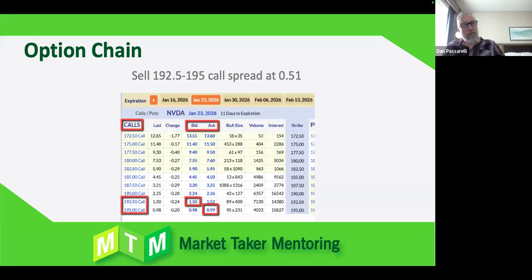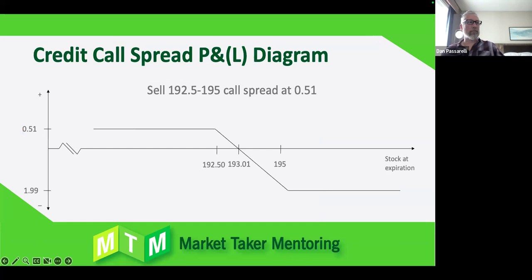What if the stock goes above 192.5? Well, we've got our same profit and loss diagram here, right? The stock's at above 190, if it's below 192.5 at expiration, both options expire, keep the 51 cents.